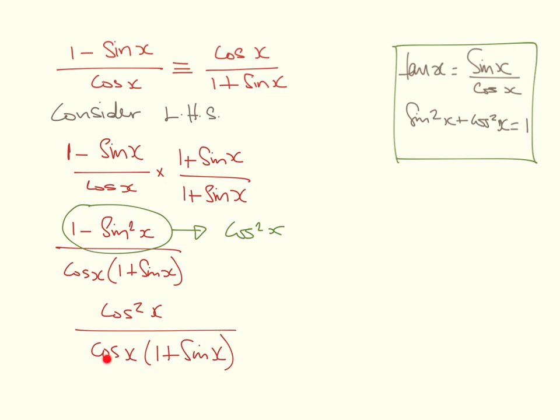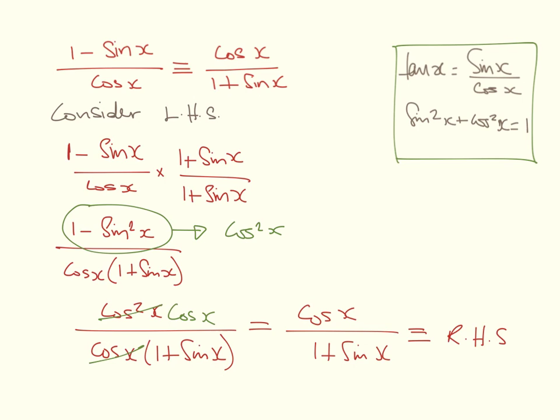This cancels into that, so this completely goes. And what's left of this is just cos x. And so finally this is cos x over (1 plus sine x), which is identically equal to my right-hand side. And this is now done.